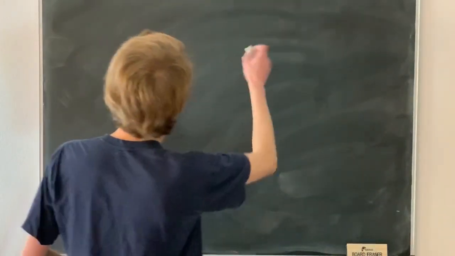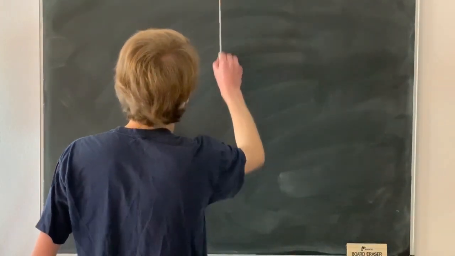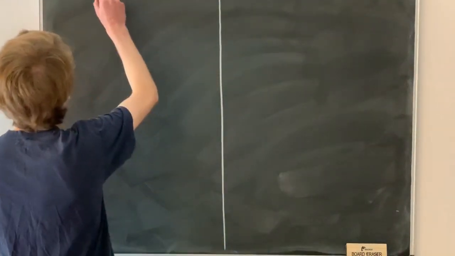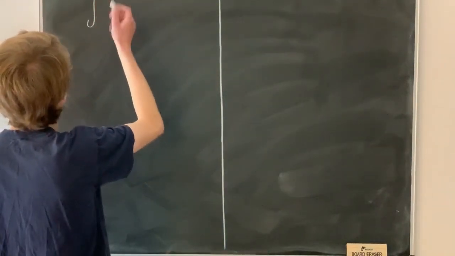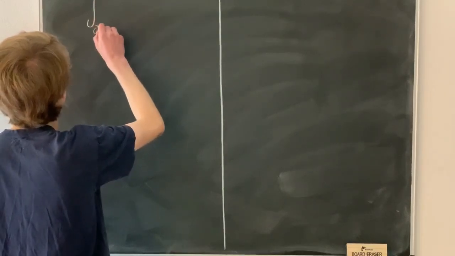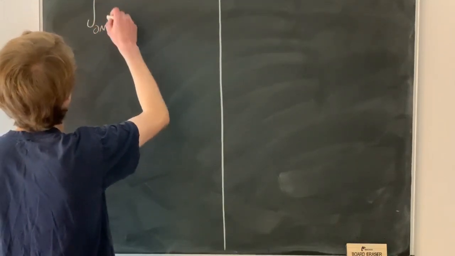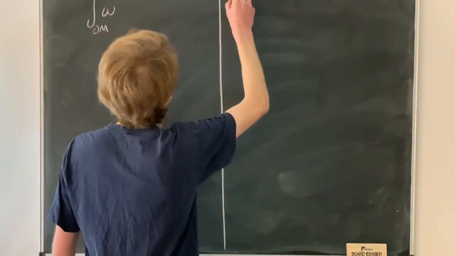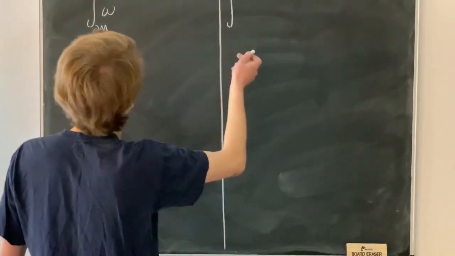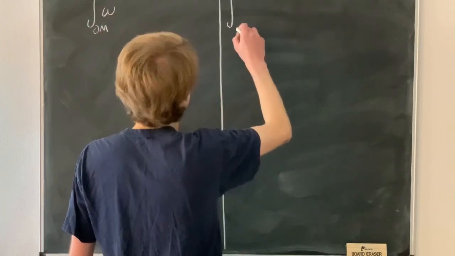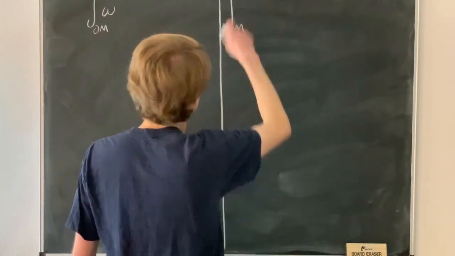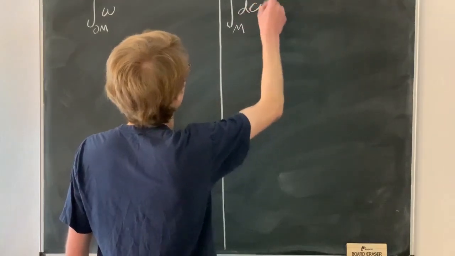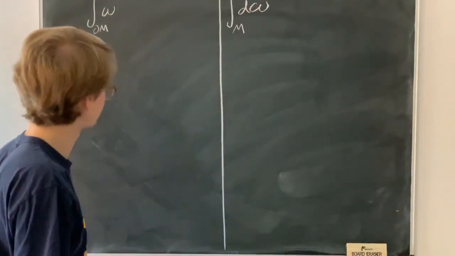On the left, I'll write what I had before, which is the integral over the boundary of our manifold of the function omega. On the right, that is going to be equal to the integral over that entire manifold of the derivative of that function.